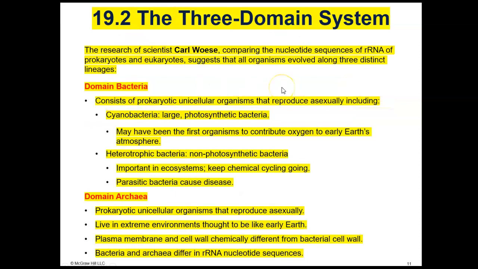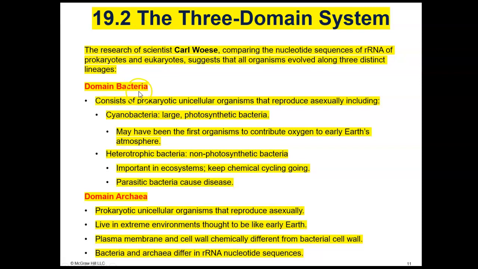Okay, now the three domain system. In this section, section 19.2, you're going to need to know the three domains, what their names are, some examples of organisms within those domains, and a general description of those domains. We have two domains that include organisms that are prokaryotic. That means they're single-celled and their cells do not have a nucleus.